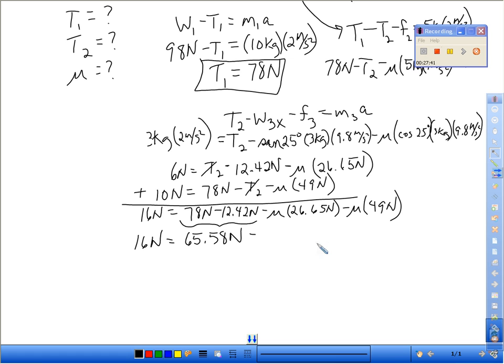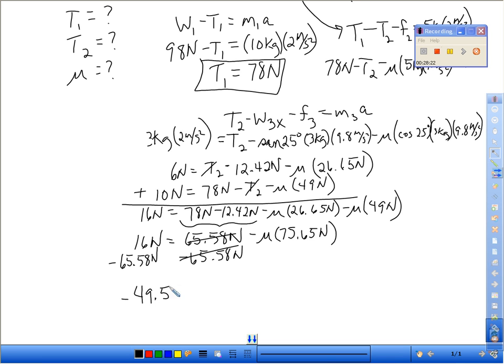So that gives me mu times 75.65. I need to get this over to the other side. So those cancel. So 16 minus 65.58 gives me a negative 49.58.